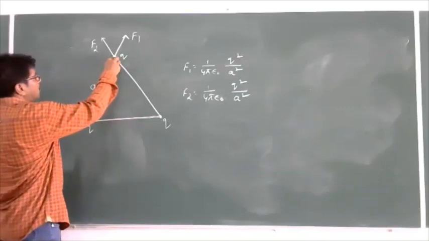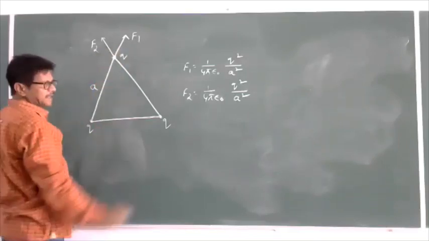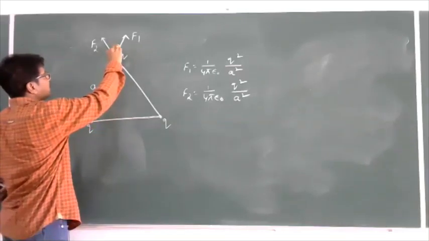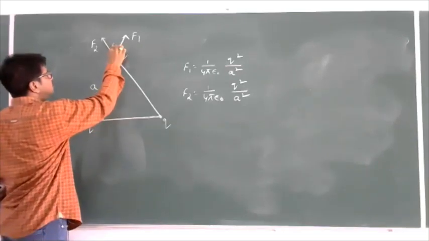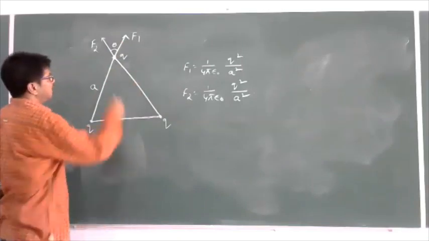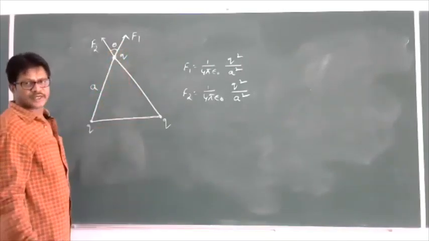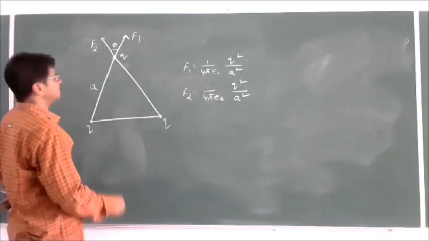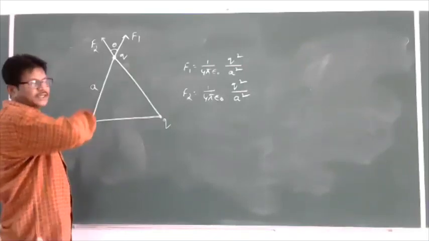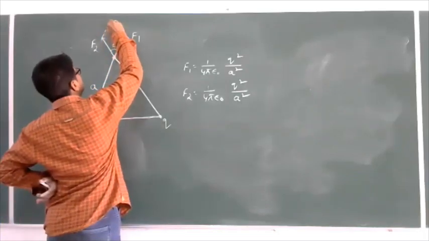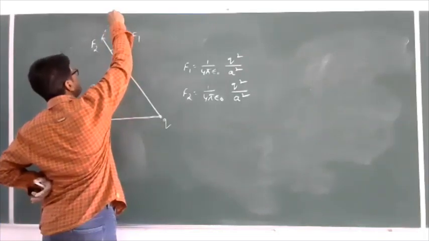Now, at this point, two forces are acting. Those two forces are making a certain angle with each other. Then to get the resultant of those two, we need to construct a parallelogram. Now I am constructing a parallelogram.